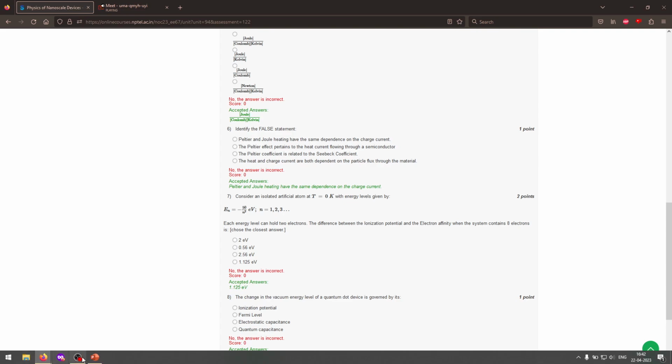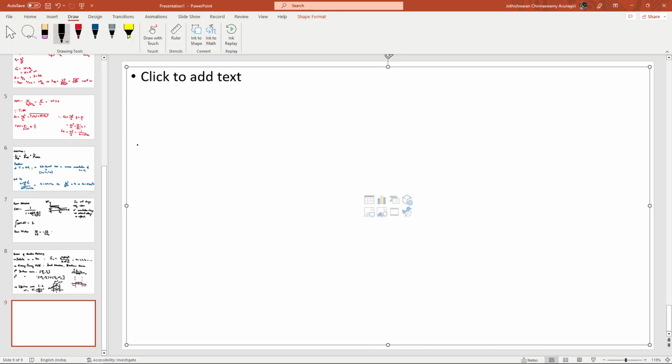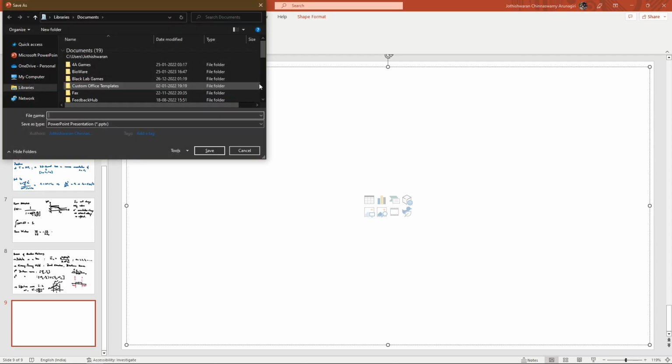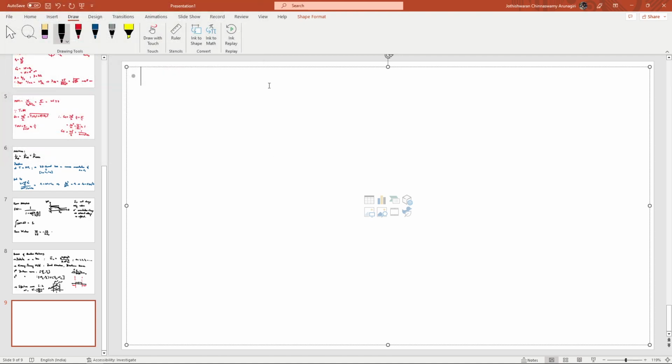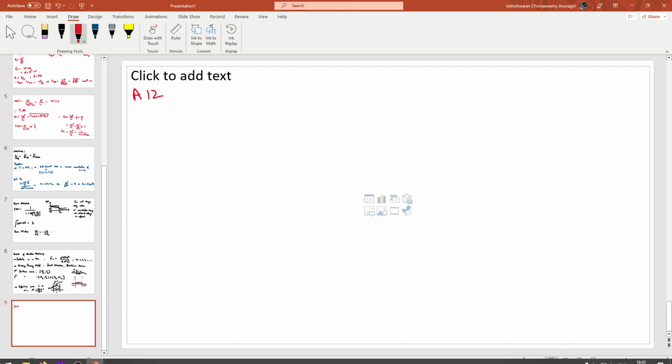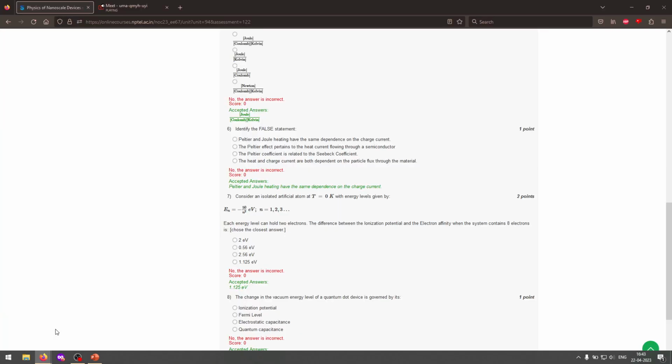So how to do this? Like we know that En is equal to, let me change the color and quickly solve. So this is assignment 12, question 7, yes.